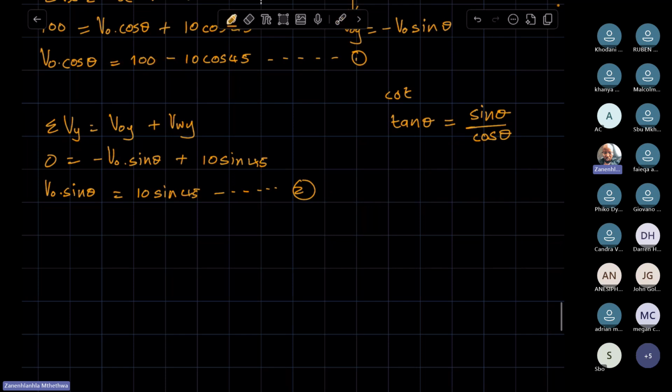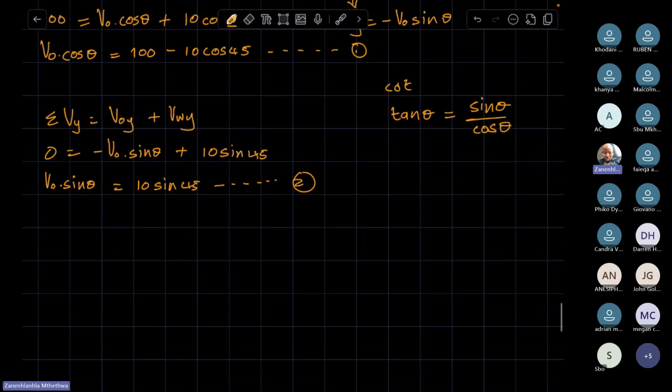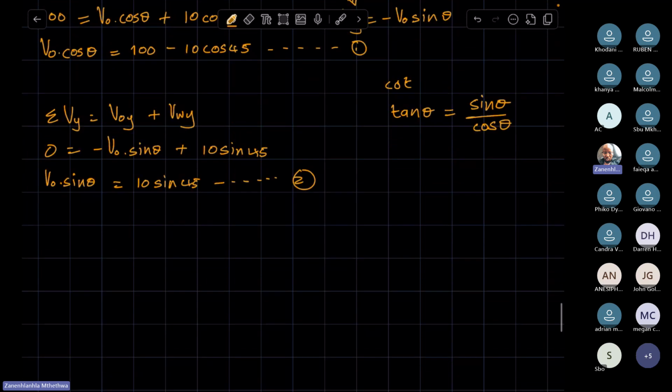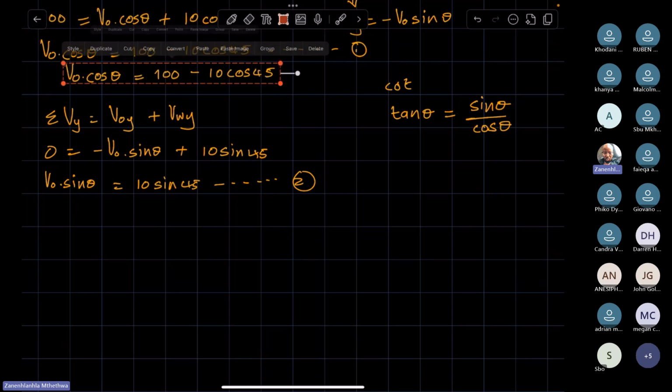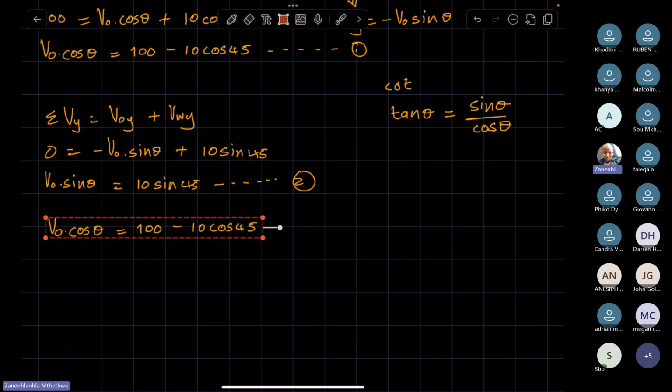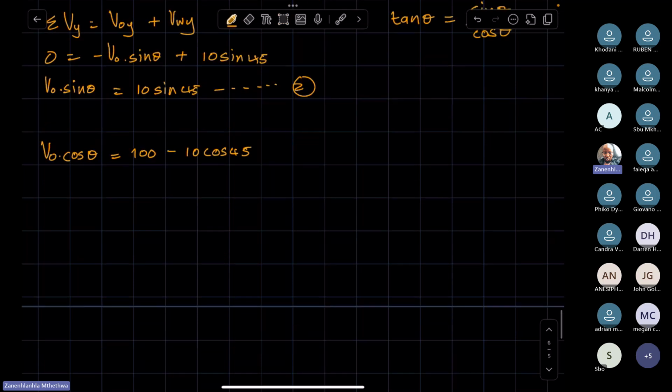So let us do this practically. Take the first equation to formulate a third equation. This is your first equation; let's take it exactly as it is. Now to formulate a third one, we are going to divide both sides by cos theta.